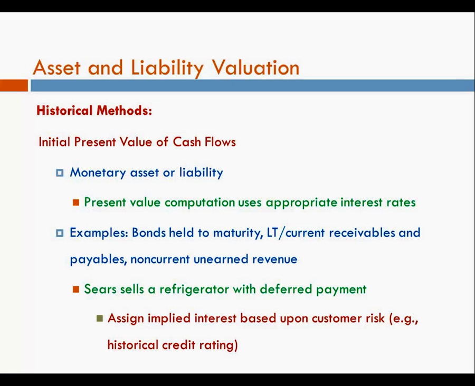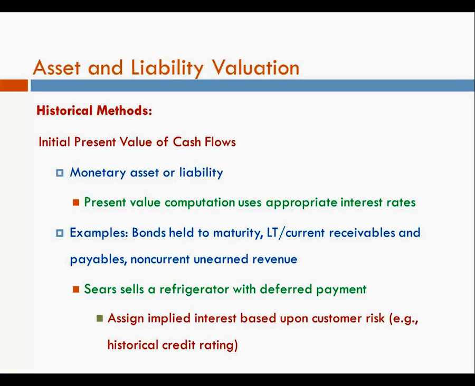Or a way you could look at something aside from a bond. Let's say you sell an item with deferred payments, so you don't collect immediately for that item, you collect over time. The amount of that sale is not simply the addition; you don't just add up all those deferred payments which are happening sometime in the future. You have to discount them back based upon an implied interest rate that's based upon the customer risk profile.